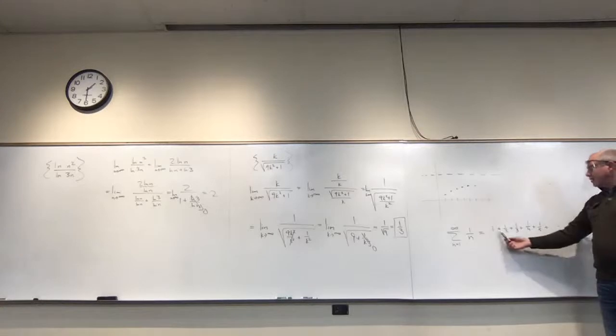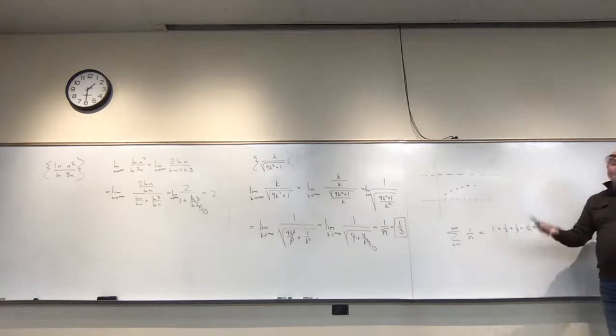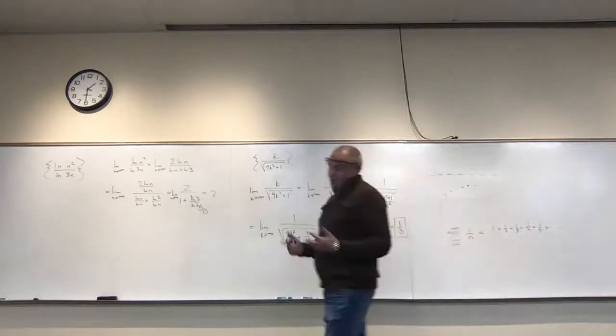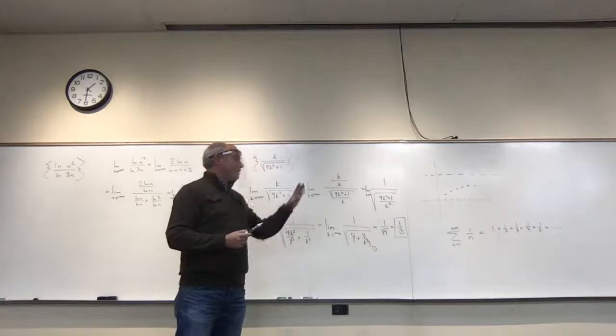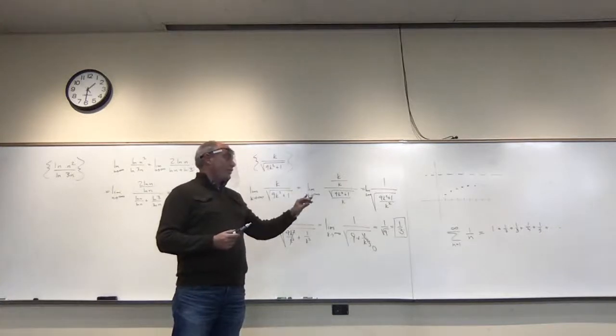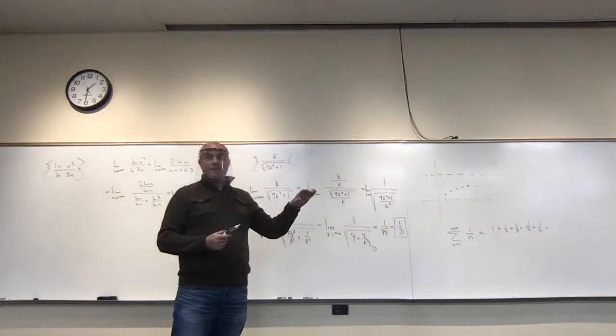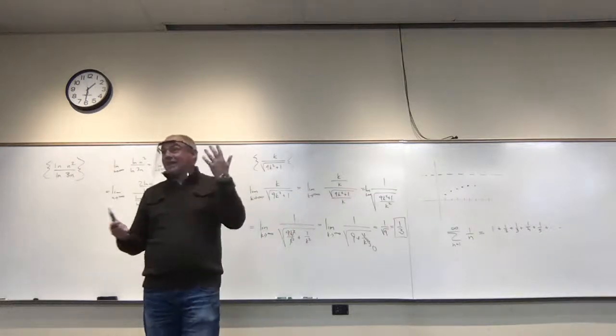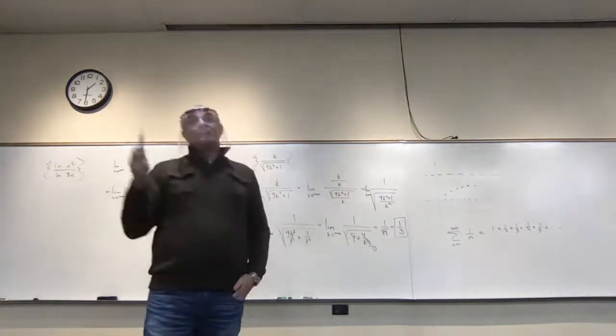So you're kind of like, these are going to 0, so come on, it must add up to something. It does not. That's infinity. It diverges. Just because the numbers are getting small doesn't mean it adds up to something, but sometimes it does. And when it does, we say it converges. When it doesn't, it doesn't.